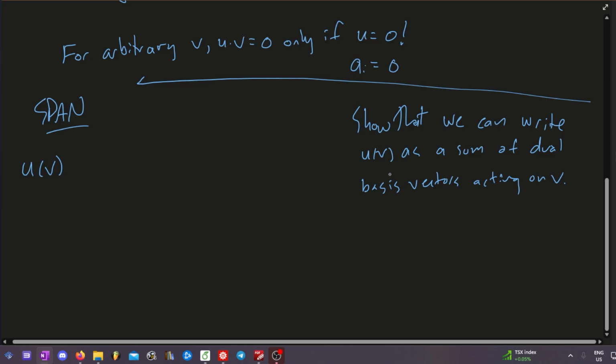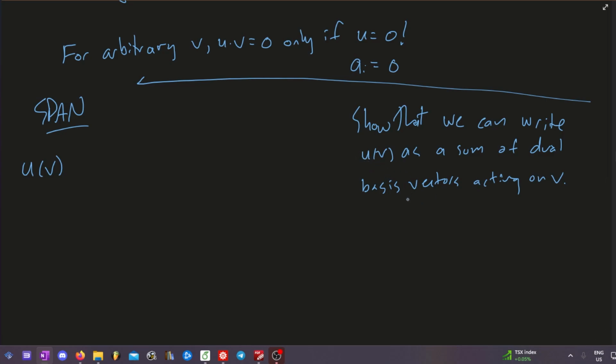So this, in essence, will show that no matter what u is, we can represent it as these dual basis vectors, and therefore they span v star, because u can be any vector from v star.